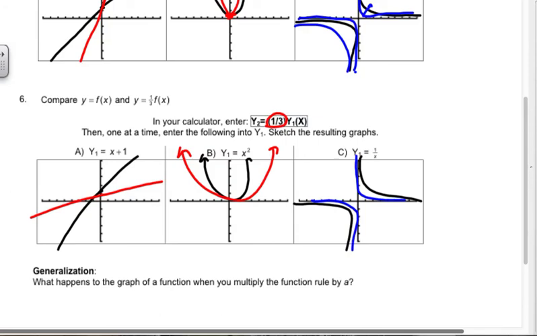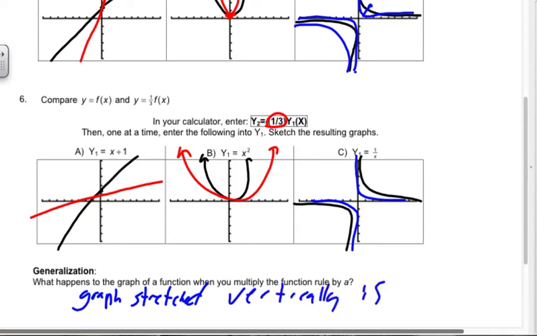So again, my generalization: the graph is stretched vertically if a is greater than 1.